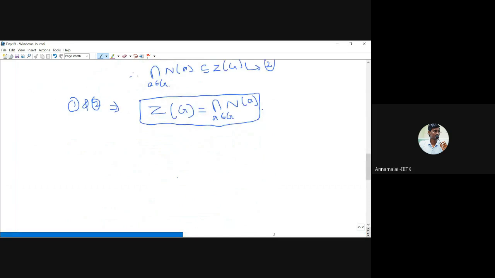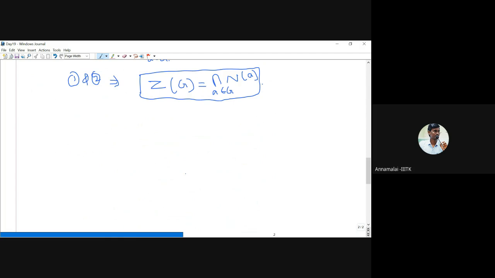Now we have another thing. In a group, when we say two elements are conjugate, suppose we have two elements A, B in G. We say A is related to B, or sometimes called A is equivalent to B, if and only if there is another element C in G such that A can be written as C B C inverse.